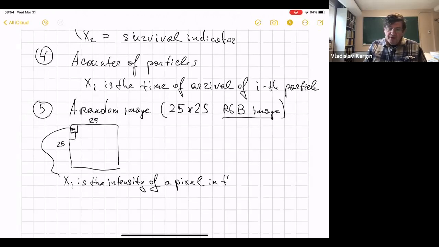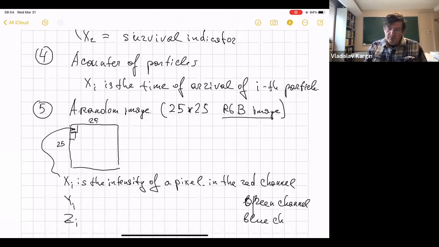So xi is the intensity in the red channel, yi is the intensity in the green channel, and zi is the intensity of the image in the blue channel.